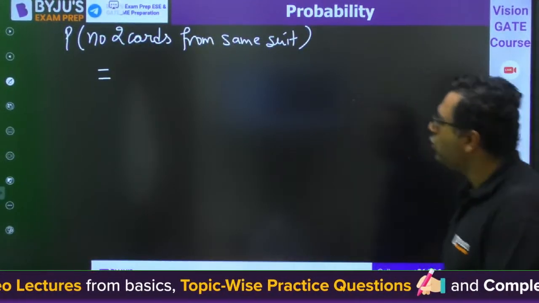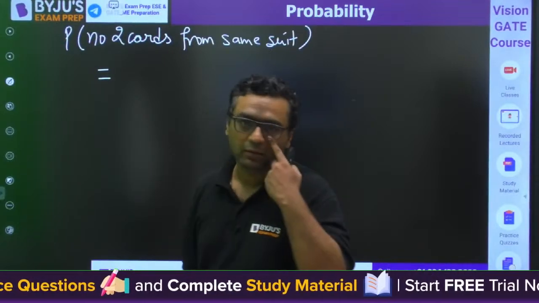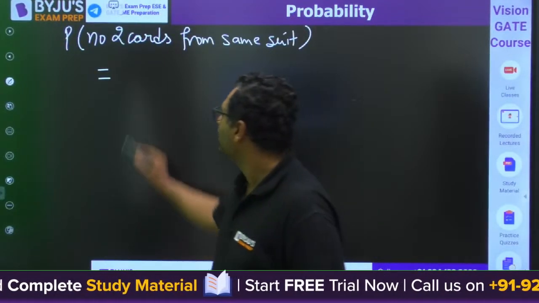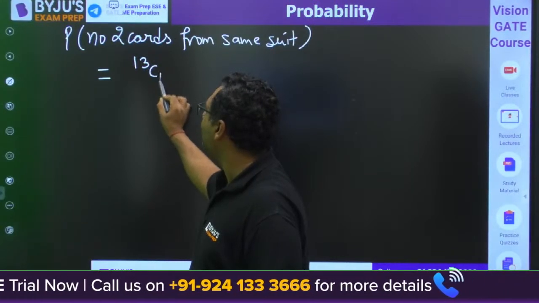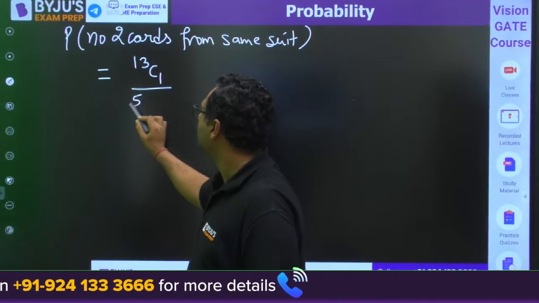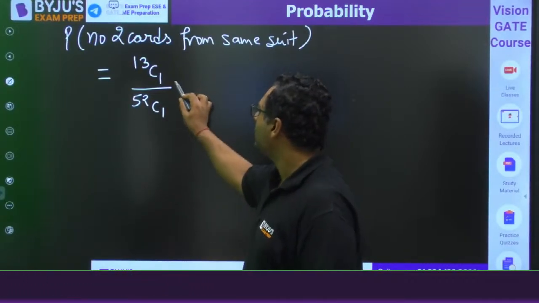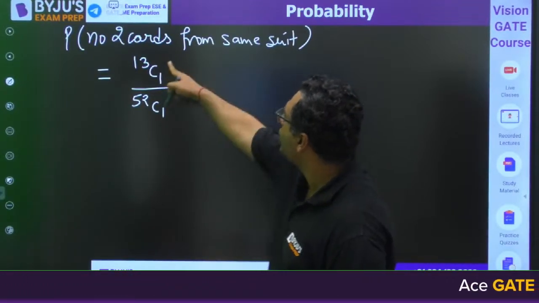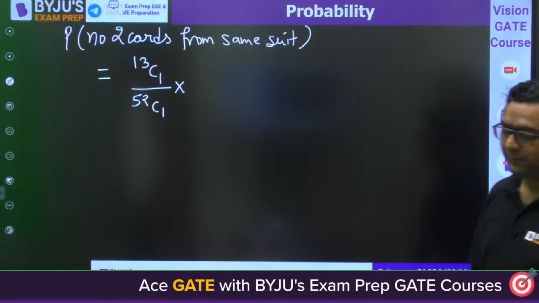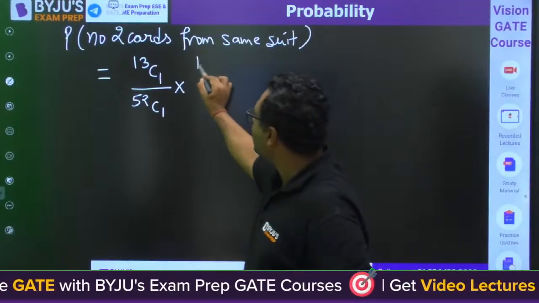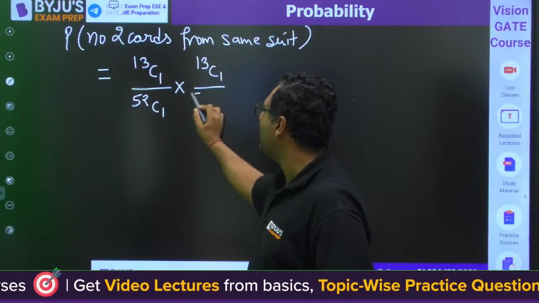When we are talking about no two cards of the same suit, it is feasible when, let us say, one card we are taking from one set, 13C1 by 52C1. Second card, he is asking no two cards from the same suit, so second card will be from the second set, 13C1 by, now we are left with 51C1.